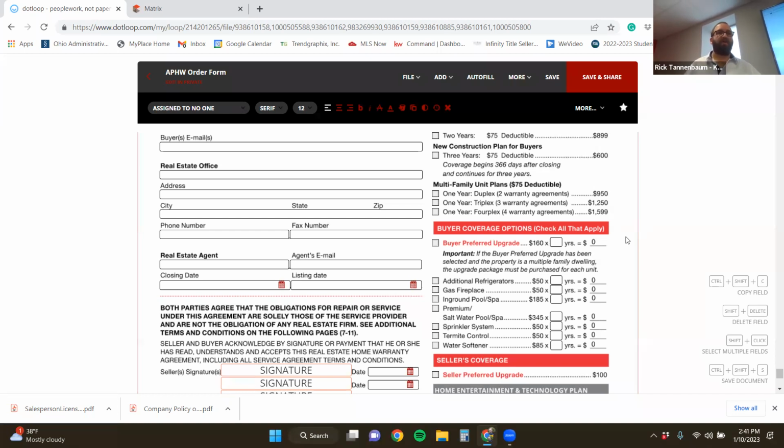But I think for your purpose as a buyer's agent, if it's in the name of a trust or an LLC, you just want to make sure that it says that Rick Tannenbaum is the trustee, that Rick Tannenbaum is the authorized agent for ABC company. You just want to verify, because if I'm not authorized to sign for the trust, then you don't have a contract. Make sense? All right.